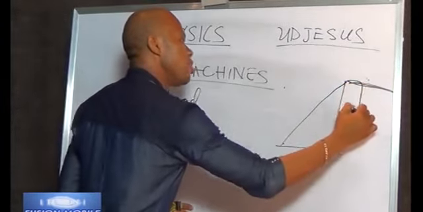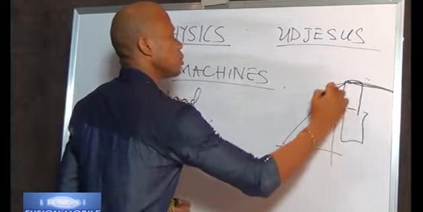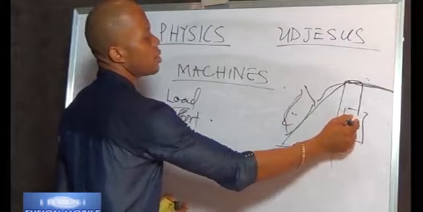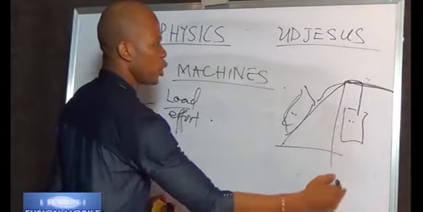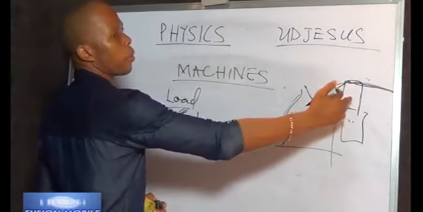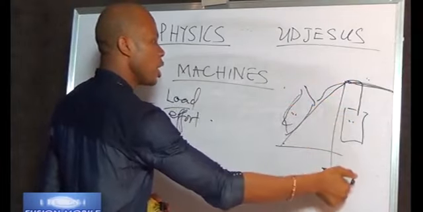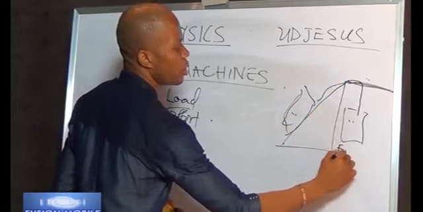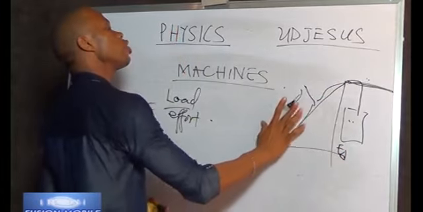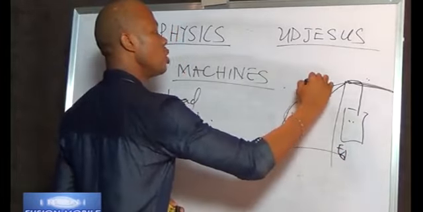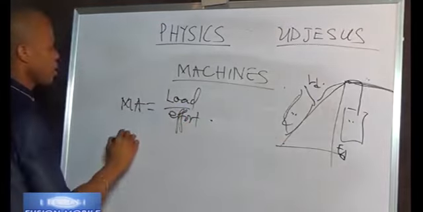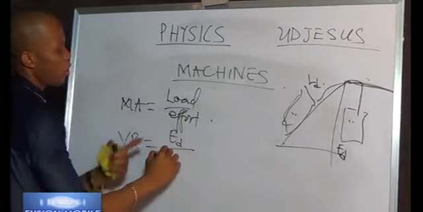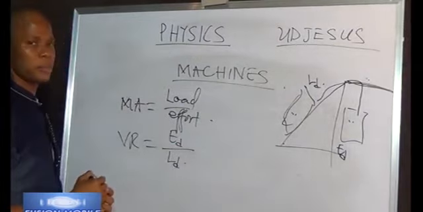Or if I have this coming down, and this is my load and this is the effort, for this to go down, then this will come up. If this is going down, it is covering a certain distance, which is called the effort distance, ED. And this is coming up, covering the load distance, LD. We now say that velocity ratio is equal to effort distance all over load distance.